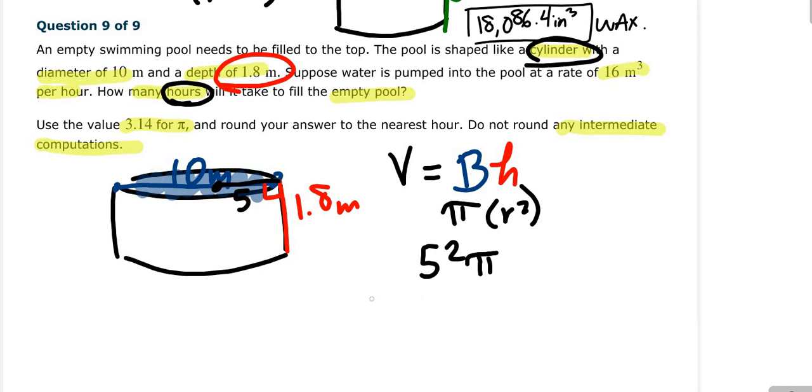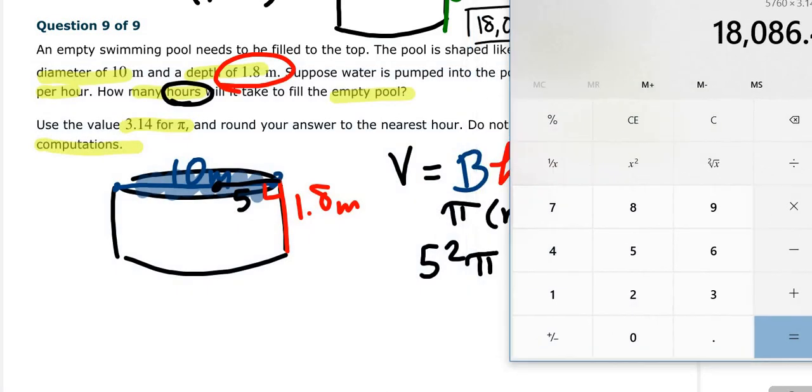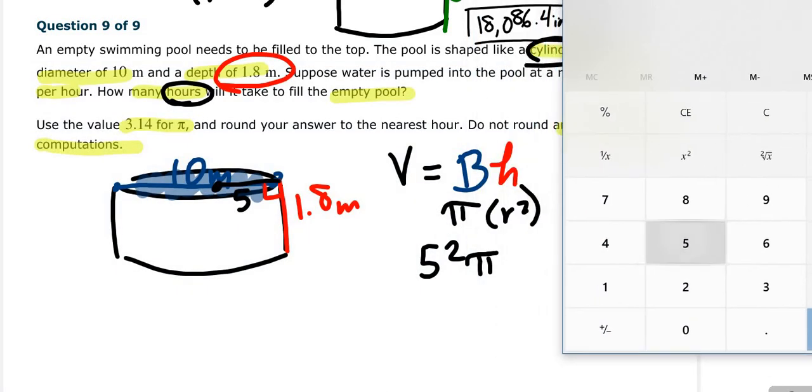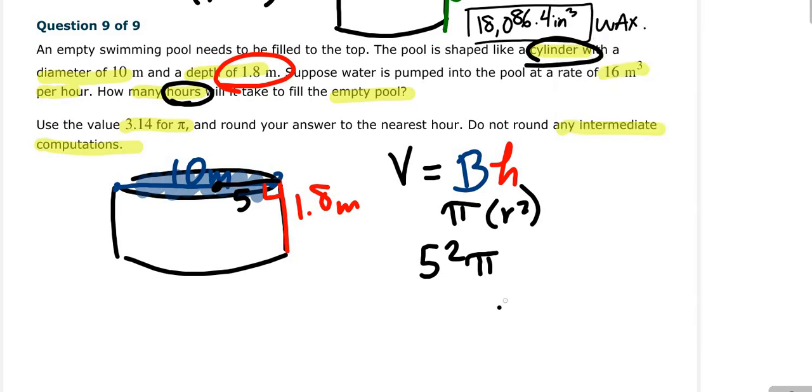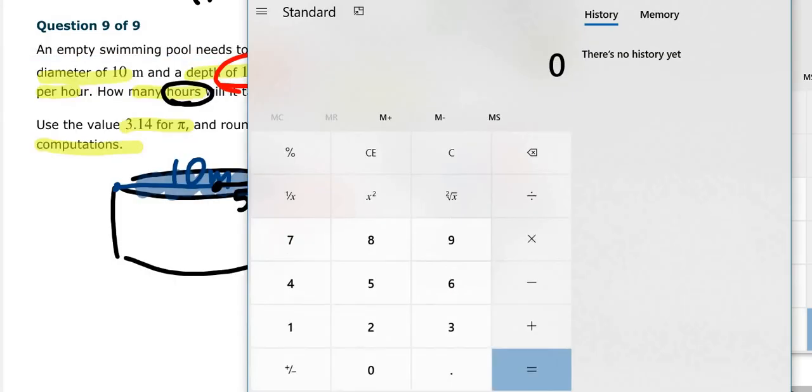And because we're having to use it for something else, we're going to go ahead and use a calculator. So it's 5 squared times pi, so that's 25 times pi, which is 3.14, times the height, which is 1.8.